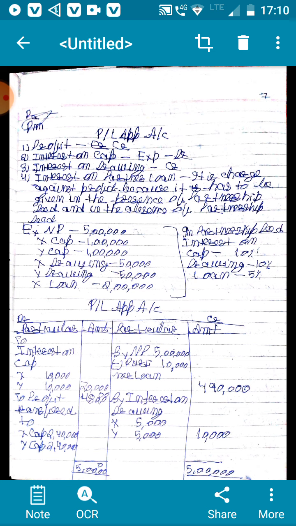So 4 lakh 80,000 divided by 2 because there are two partners. 4 lakh 80,000 divided by 2 is equal to 2 lakh 40,000 each. X capital account is credited with 2 lakh 40,000 and Y capital account is credited with 2 lakh 40,000.